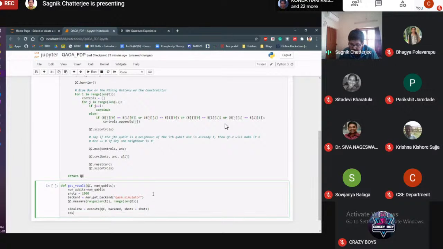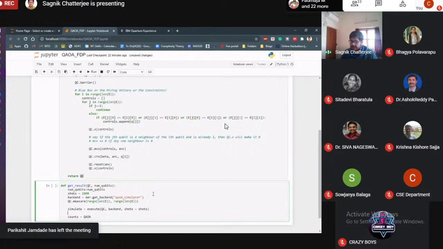Now counts is equal to QAOA dot get results. Oh, we need to take the simulate dot result. Simulate dot result. This gives you a dictionary. So we take the dictionary and we print it out.